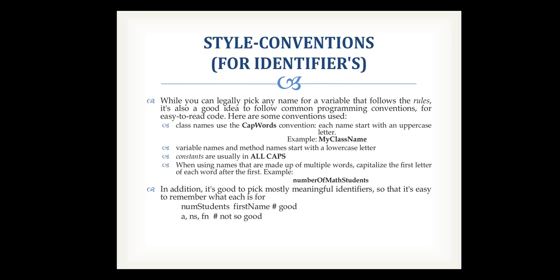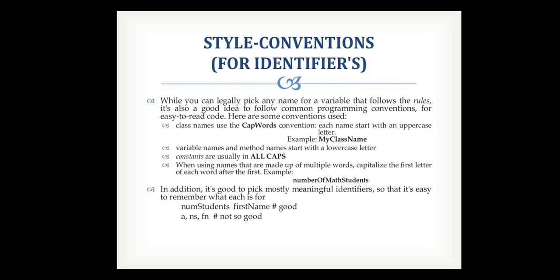In addition, it's good to pick meaningful identifiers so that it's easy to remember what each is for. That is numStudents. Here you have seen that numStudents is the variable. Here we are specifying that the second word's initial is capital.